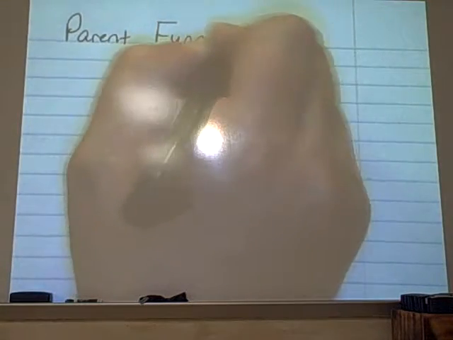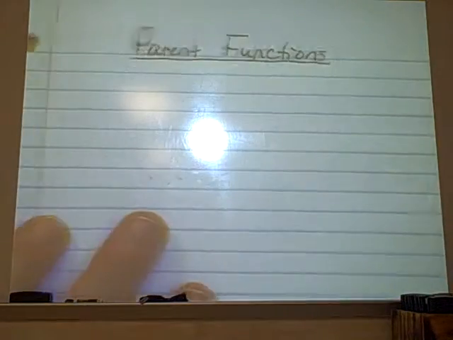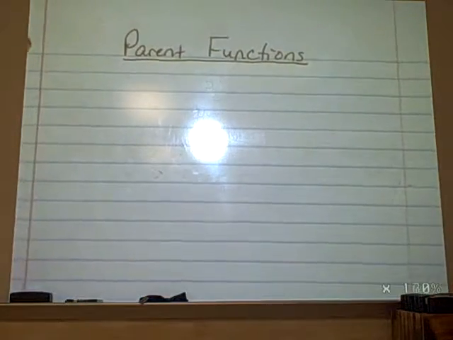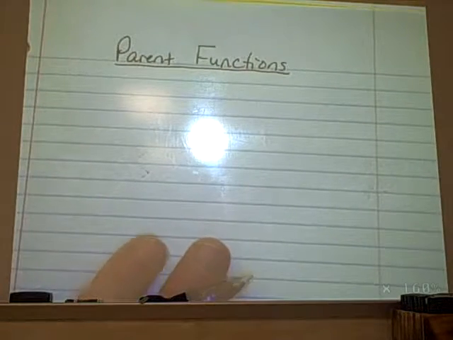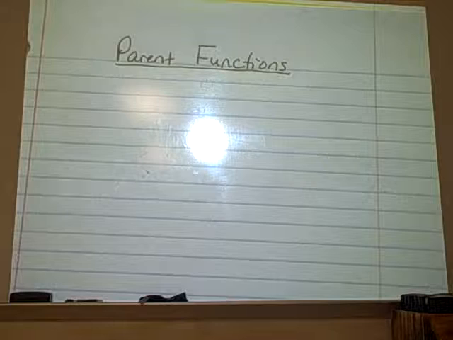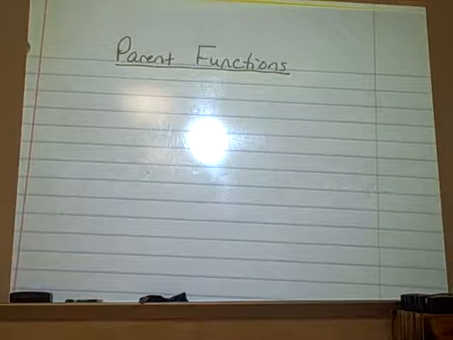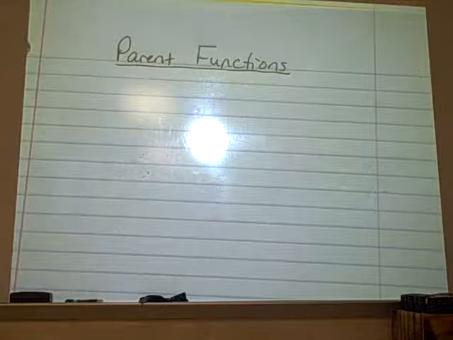Okay, so last little bit of these notes is parent functions. And basically for right now, parent functions are just something that you need to be able to recognize, know what they are, and know what they go with. Okay? Parent functions should be easily recognizable, that they go with a certain category of a type of function.